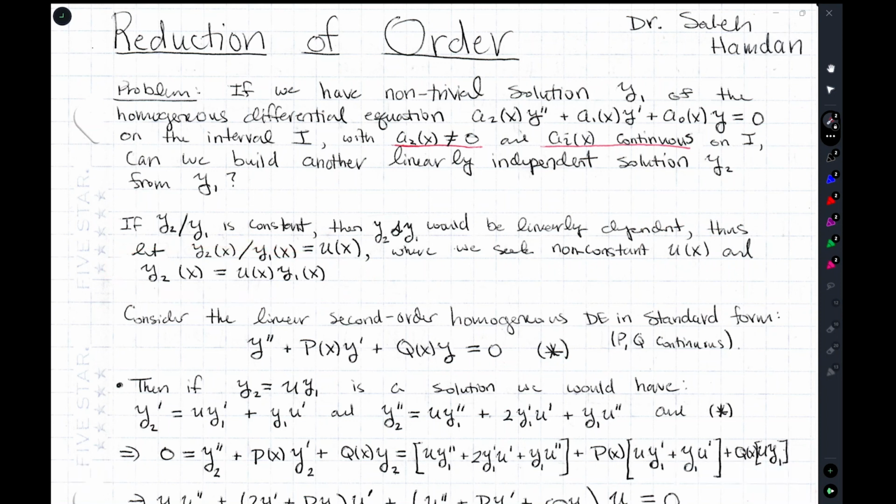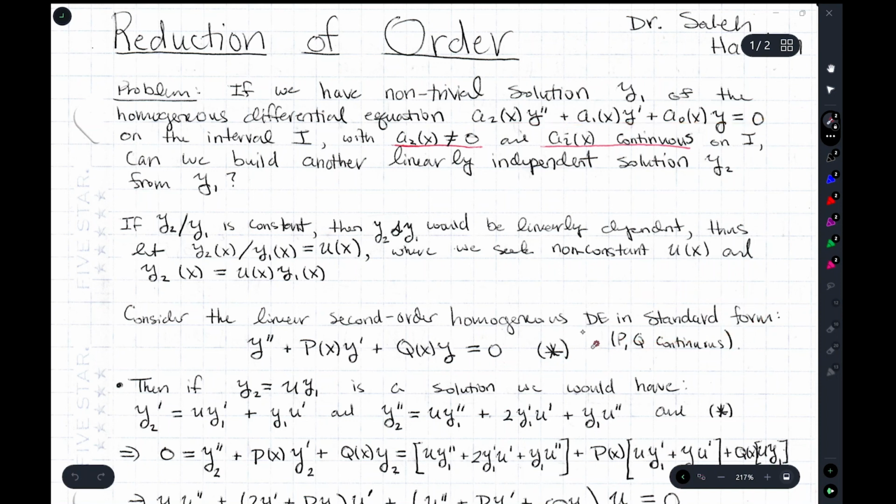We're going to assume that y2, this solution linearly independent from y1, is equal to this function u of x times y1 of x. This is the beginning assumption. Now we're going to take our differential equation and put it in standard form.